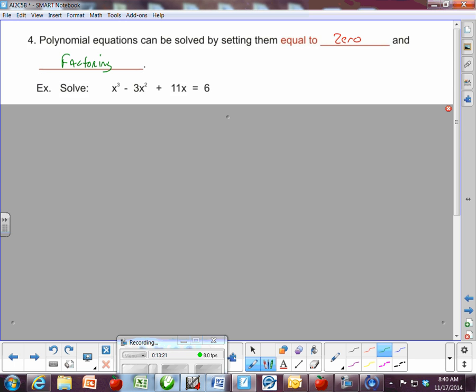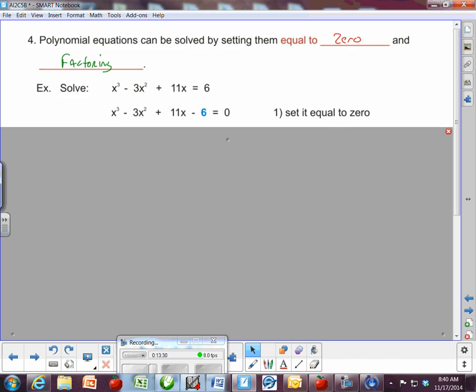How do we solve quadratics? We set them equal to 0 and we factored. We're going to do the same thing with polynomial equations. So step 1, I set it equal to 0. I move the 6 to the other side by adding a -6 to both sides, and set the thing equal to 0.